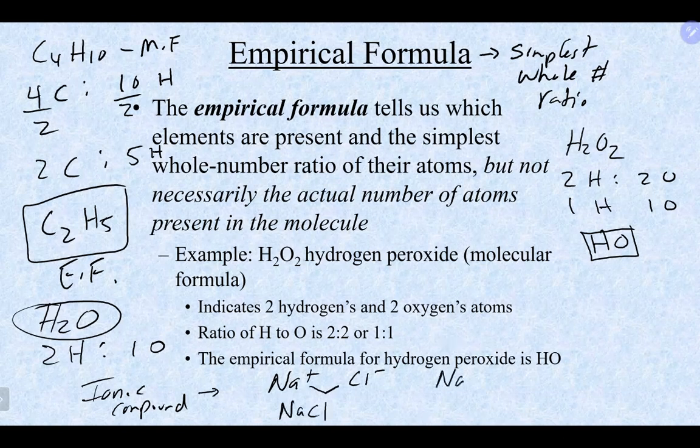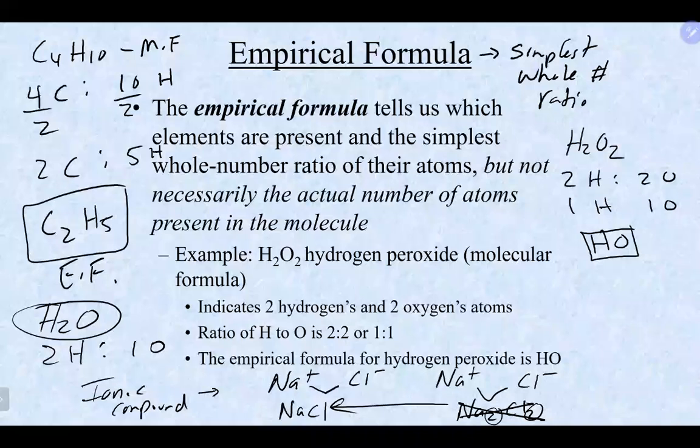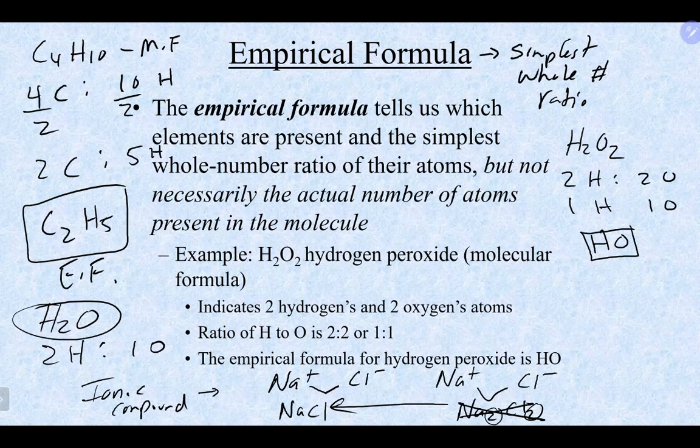You could obviously get to 0 many different ways, like taking 2 of each of these, and that would equal 0. But that is not the simplest whole number, because you could then reduce each of these down by 2 and that gives you the proper empirical formula, or formula, there for sodium chloride. So for all ionic compounds, when you put the positive and negative together in the simplest way to get to 0, it will always be the empirical formula that occurs.